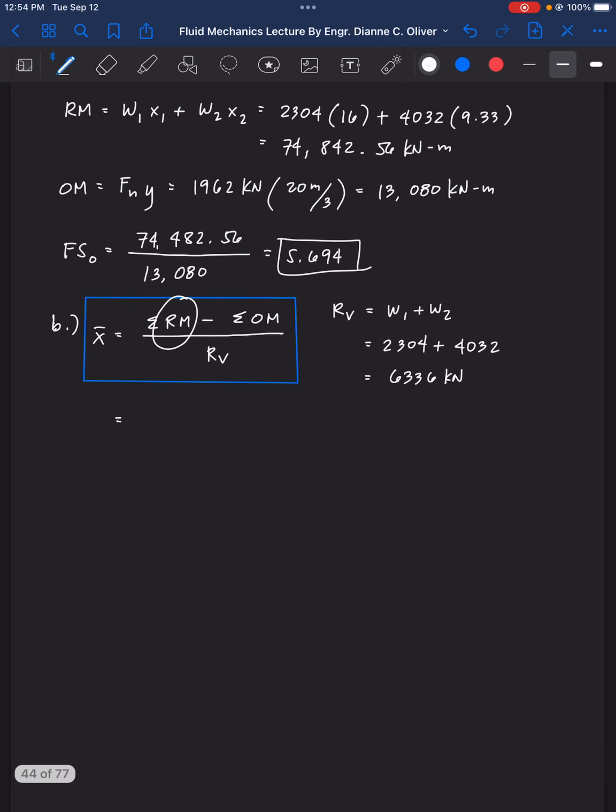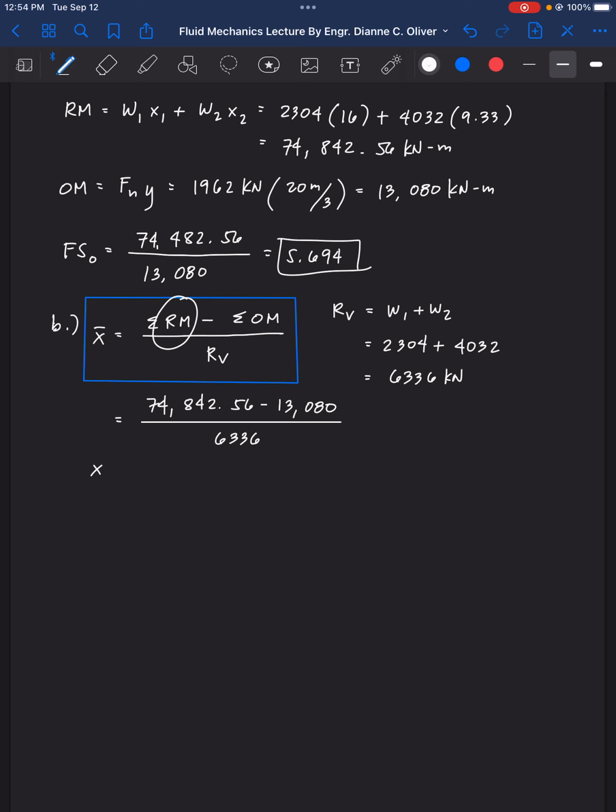Then we will input that now here: RM of 74,842.56 minus our OM of 13,080 divided by the RV of 6336.